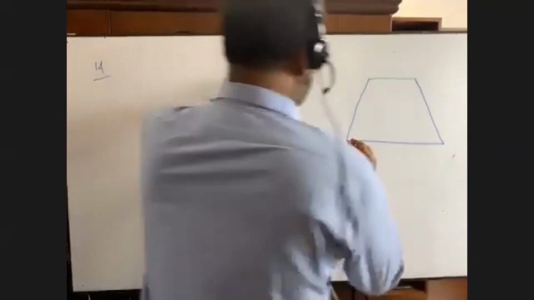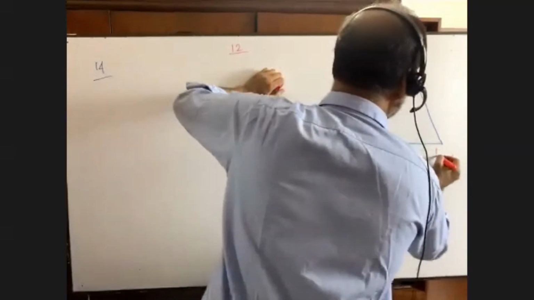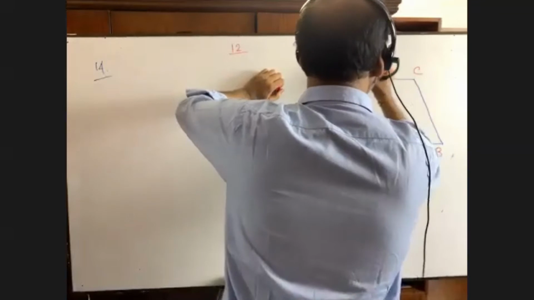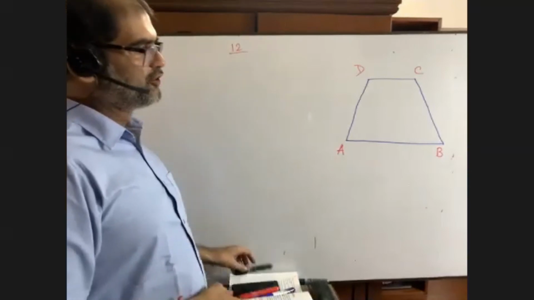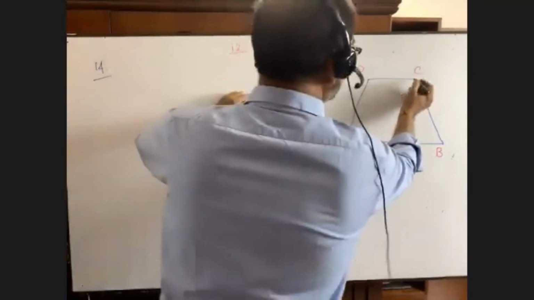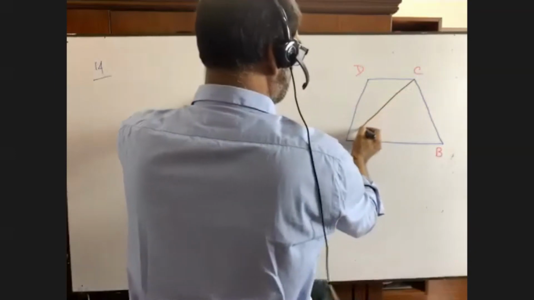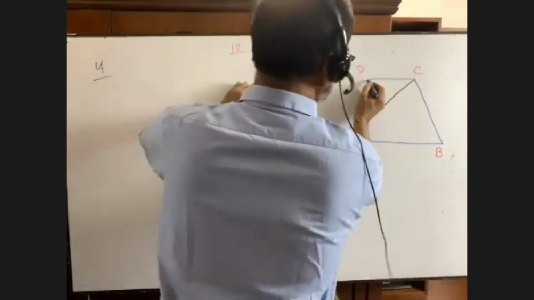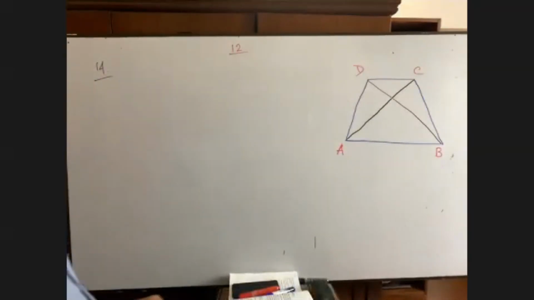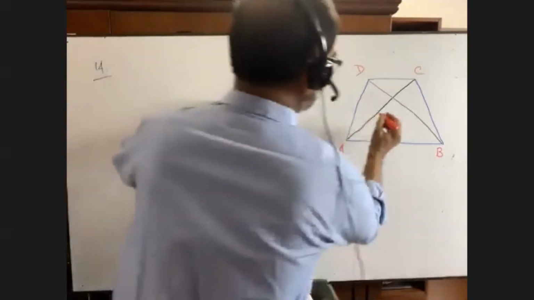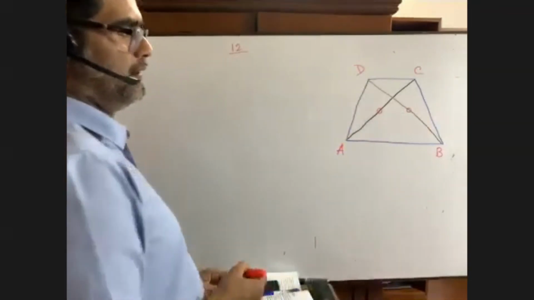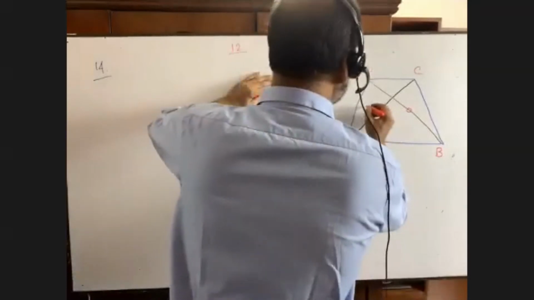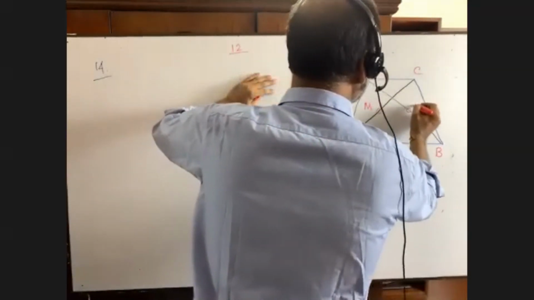Where it is A, it is B, it is C, it is D. What is told here? It is told something regarding diagonal. So better to draw a diagonal, to draw the other diagonal, right? Now it is told something regarding the midpoints of the diagonal. It is the midpoint of the diagonal. Very good. We name it, suppose it is M and it is N and join it.